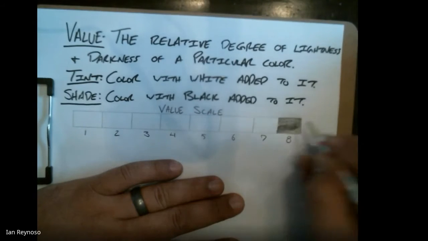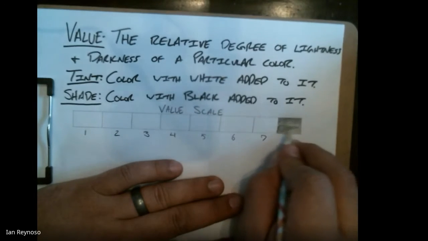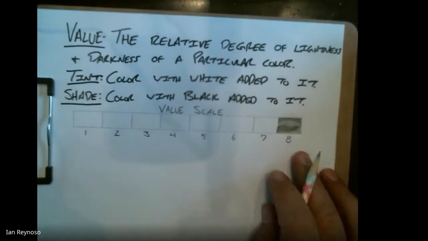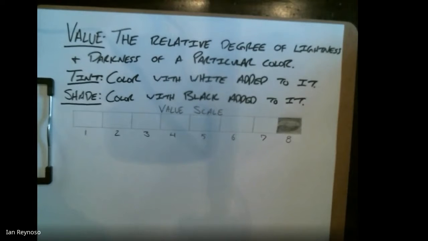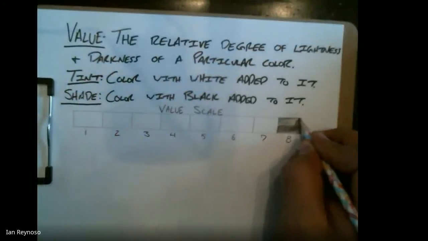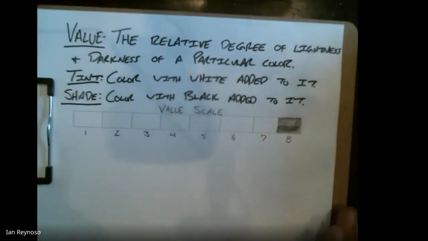But I'll make sure every little bit of white is covered. So you should end up with an 8. That is the darkest, and that's pretty much the darkest that I can get my pencil without it starting to rip through the paper.